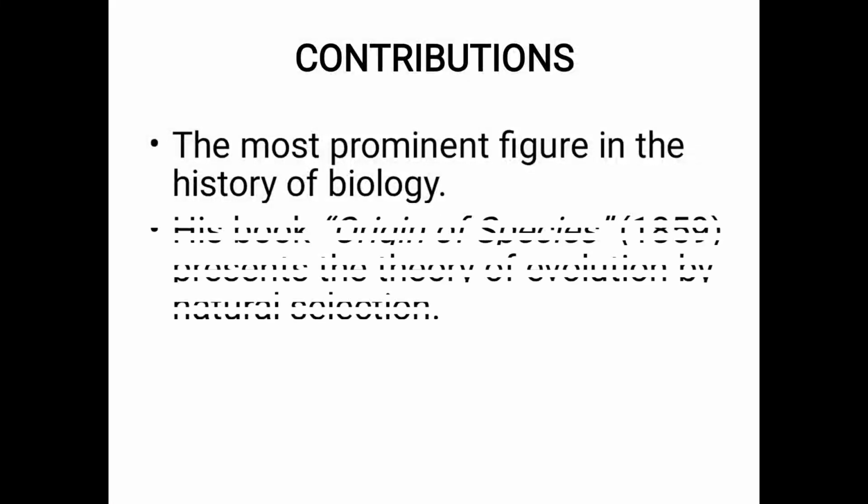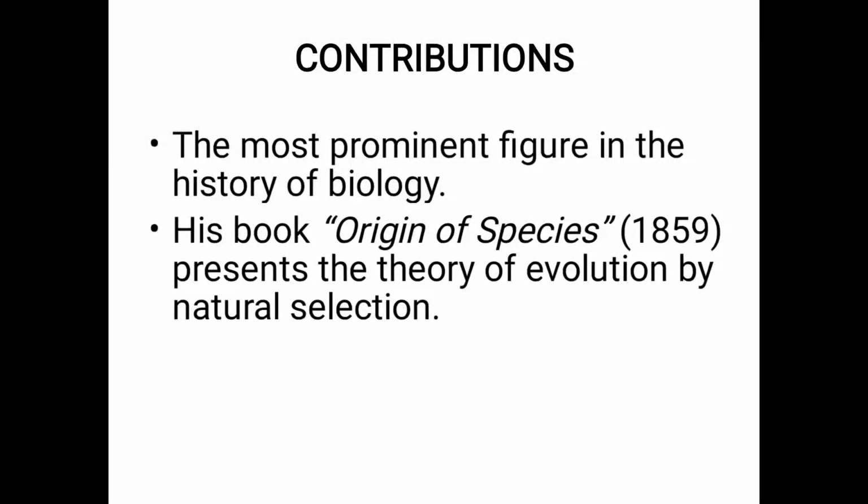So he wrote The Origin of Species in 1859, and he presented there in his book the Theory of Evolution by Natural Selection. So, what happened with the Theory of Evolution by Natural Selection?